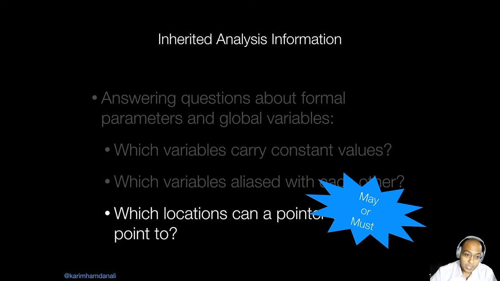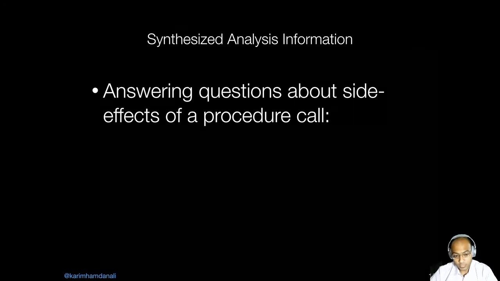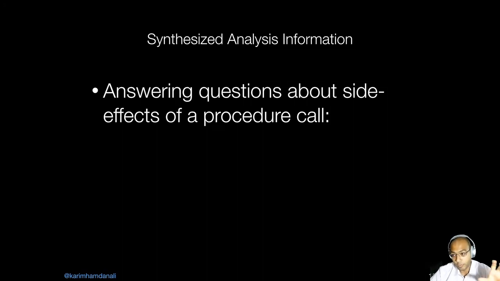For the synthesized analysis information, that part of the analysis is answering what will happen for the side effects of the procedure call. So when we call a method, what are the side effects of that method? How would it affect the input facts? Again, this is very similar to the monotone framework, if you recall from our first two lectures of the course.